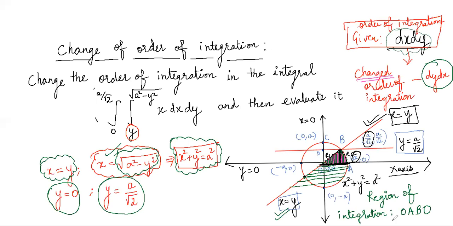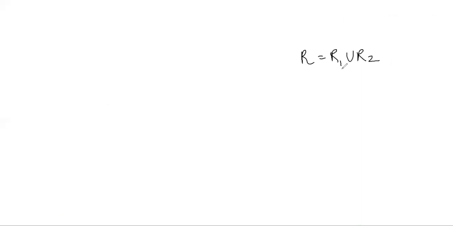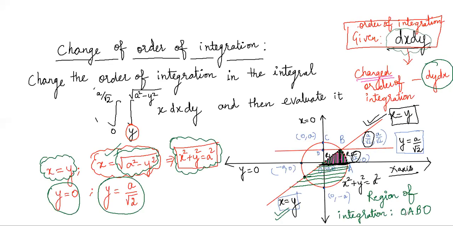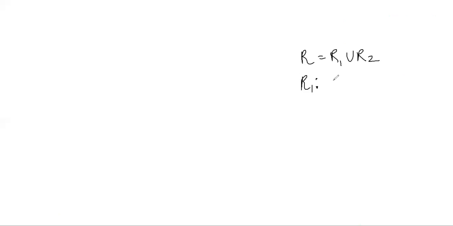Now for R1, the strips present in R1 have the starting curve as the x-axis, whose equation is y equal to 0.